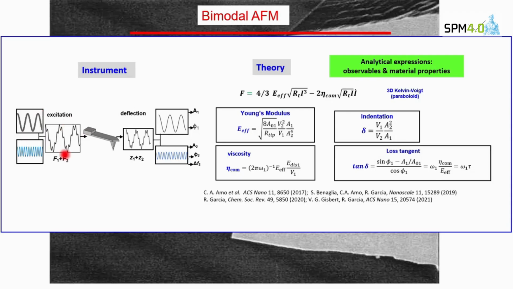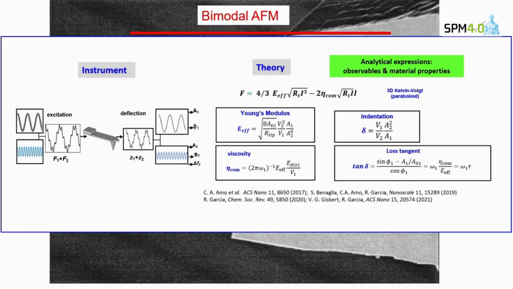And then you get a complex excitation, and then you get a complex response, and then what you do is you separate with lock-in amplifiers the components of the first resonance with amplitude and phase shift, and the second. And then there is a theory that connects the changes of the amplitudes and phase shift with mechanical properties, following the schemes that I presented yesterday.